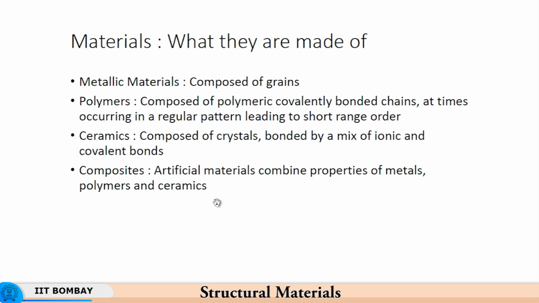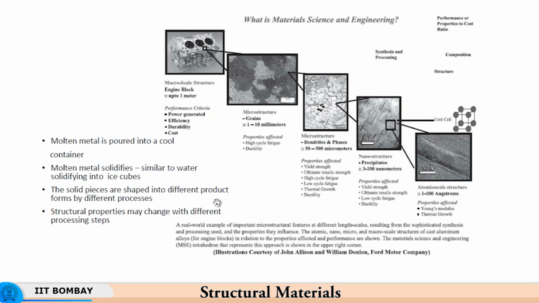So we have seen that the sources of strength are related with the processing. So this is the process of making this particular part, and at various levels of length scales, at the microstructural level, you magnify it further, you go to increasing magnifications to the atomic scale.